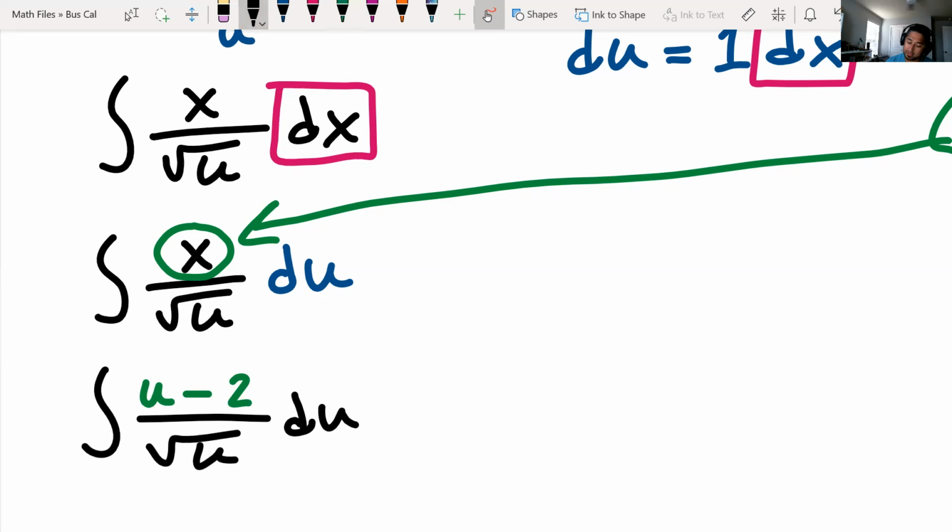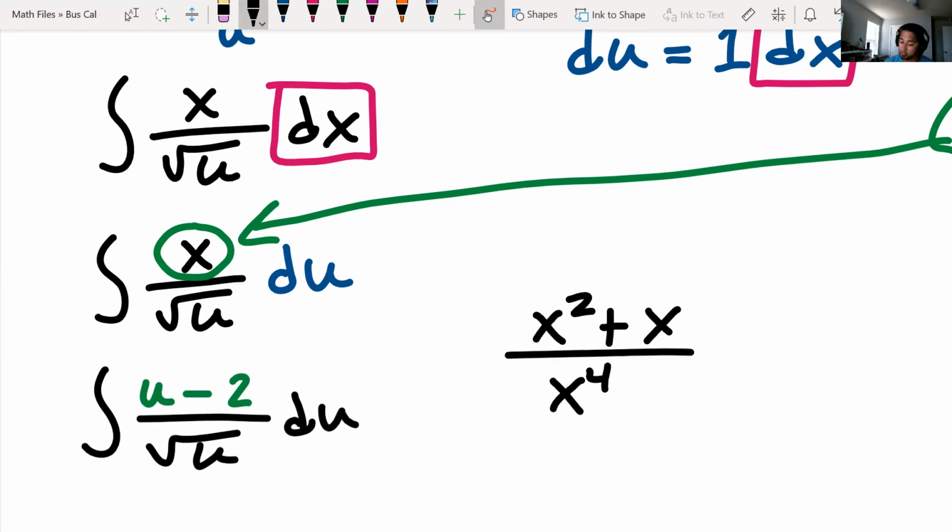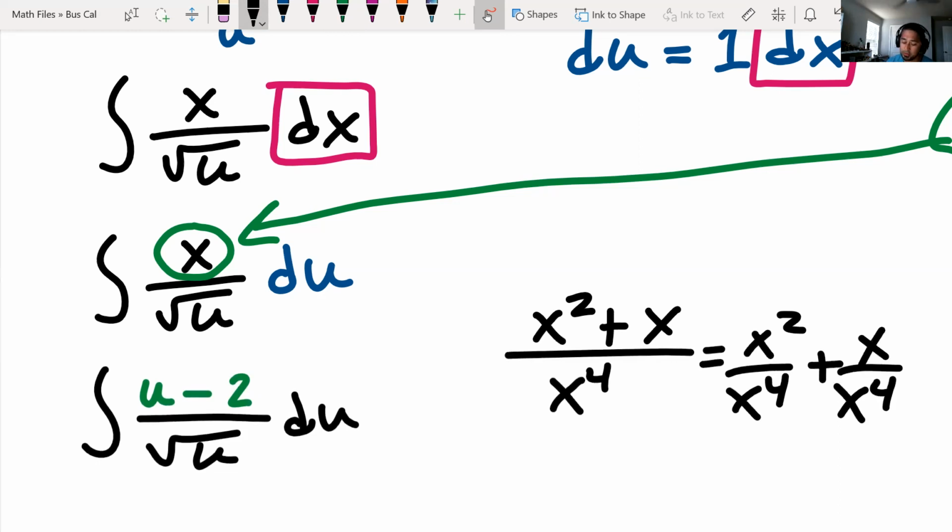Remember that last time we had something like x squared plus x over x to the 4th. I was able to rewrite it as x squared over x to the 4th plus x over x to the 4th. Guys, remember that? That is the only proper way to separate them. They have to be over the same denominator.